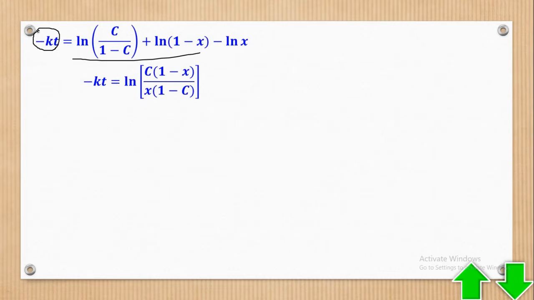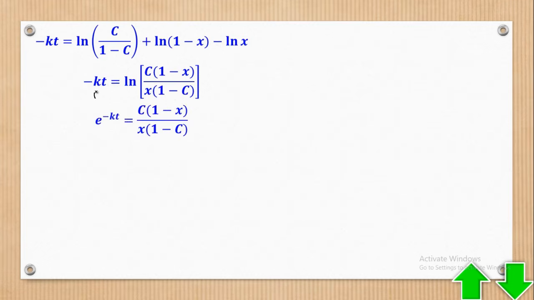In that case, I'll only put this one on the other side, and the rest have gone on the other side. Then from the rules of natural logarithm, this plus this plus this is the same as ln of c times this over x times that, because plus means multiplication and minus means division.